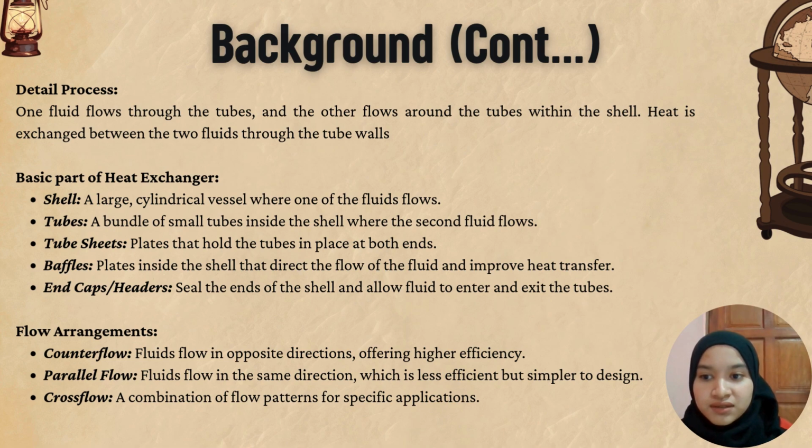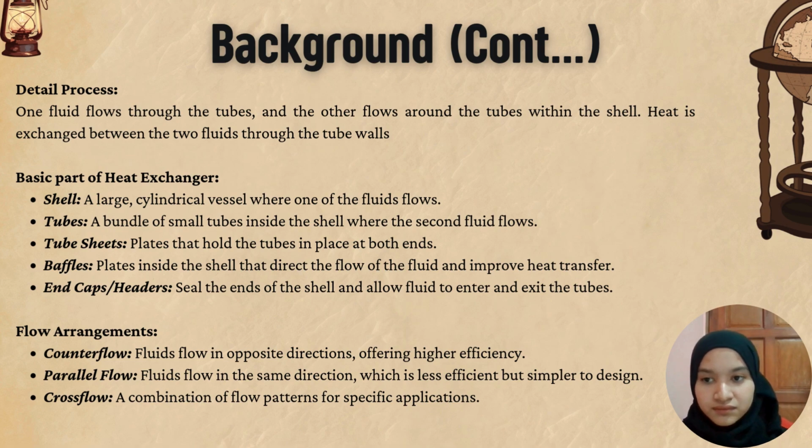The tube sheet is the plate that holds the tubes in place at both ends. Baffles are plates inside the shell that direct the flow of the fluid and improve heat transfer. End caps and headers seal the end of the shell and allow fluid to enter and exit the tube.